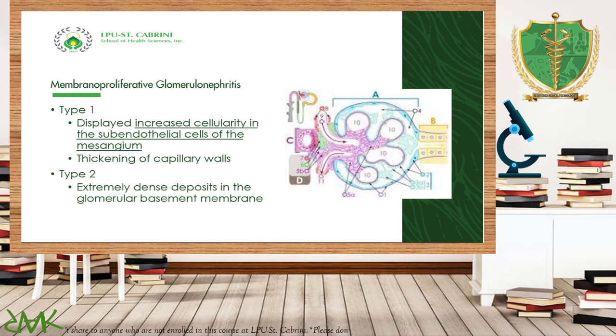Again, remember that membranoproliferative glomerulonephritis is marked by two different alterations. Number one is alterations in the cellularity of the glomerulus. Number two is alterations in the cellularity of the peripheral capillaries. And it has two types. Type 1 displays increased cellularity in the subendothelial cells of the mesangium, and type 2 is extremely dense deposits in the glomerular basement membrane.